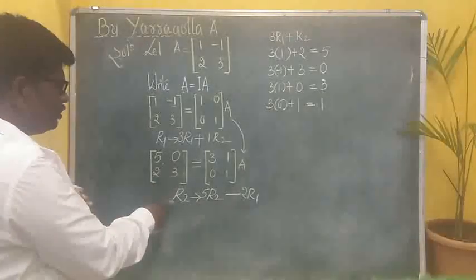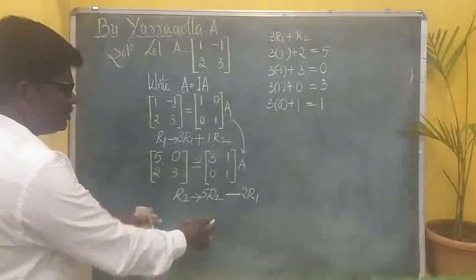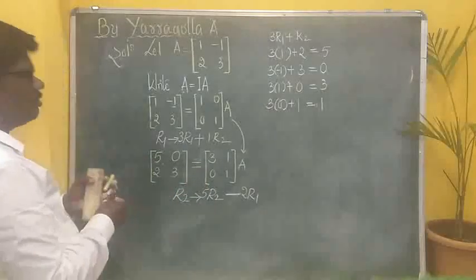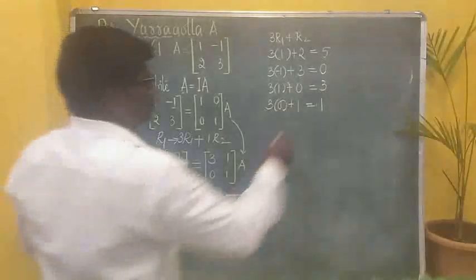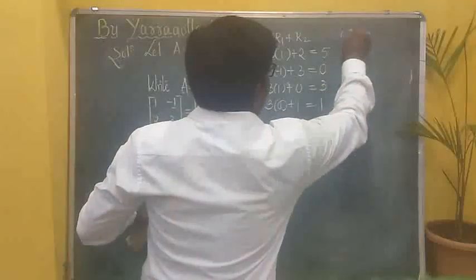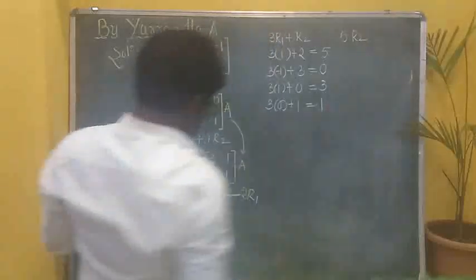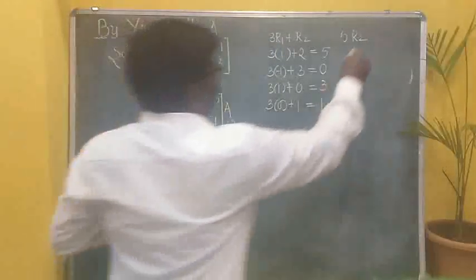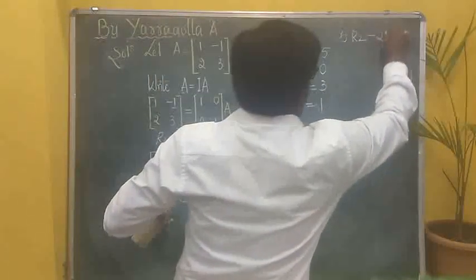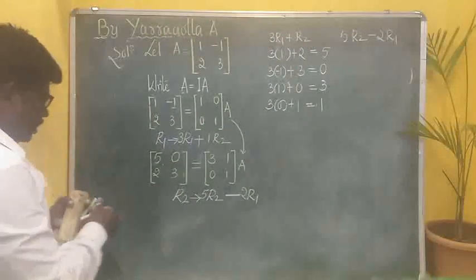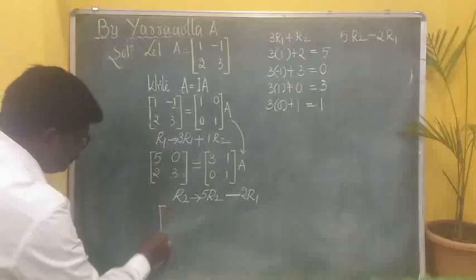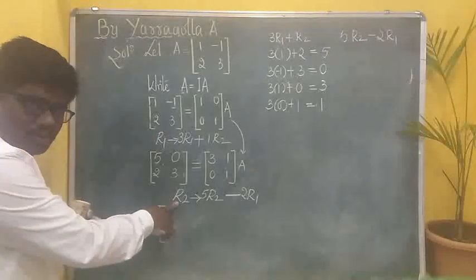According to this rule, now these matrices will change next step. So I will write that rule here. See it is 5 row 2 minus 2 row 1.